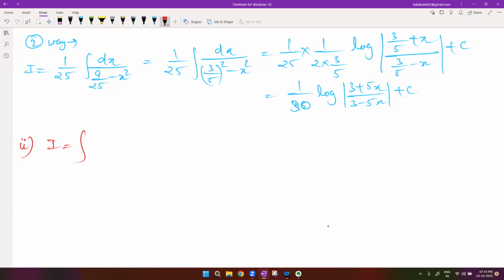Just give me a minute, guys. Yeah, let's solve this one: x minus 1 over root x square minus 1.